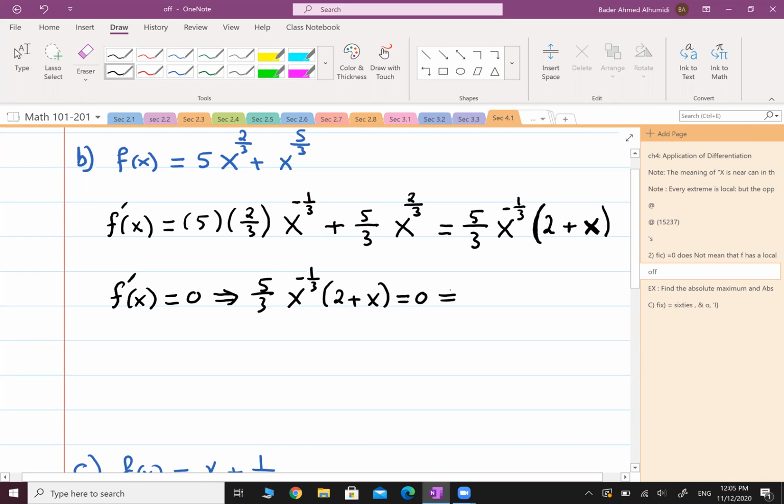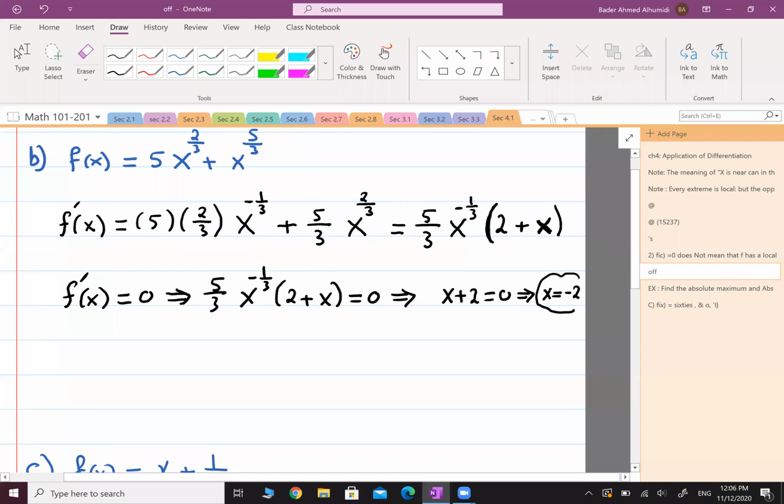And this will give me that only x plus 2 is equal to 0. Okay? And that is x equal to what? X equal to minus 2.